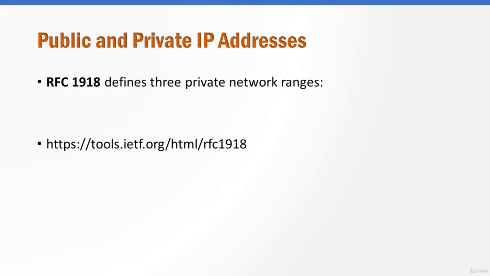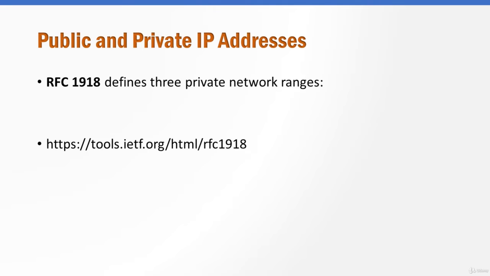Other than that, we also have 3 private network ranges. These are defined in RFC 1918. RFC stands for Request for Comments, and these are the documents where you'll find pretty much all known network and other computer-related standards.